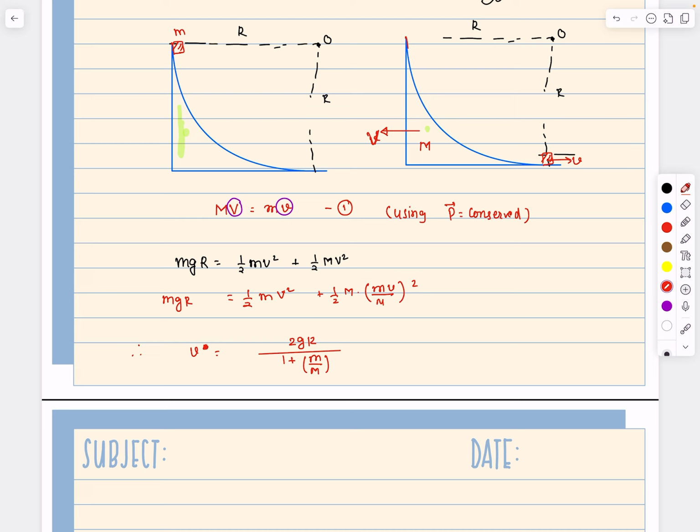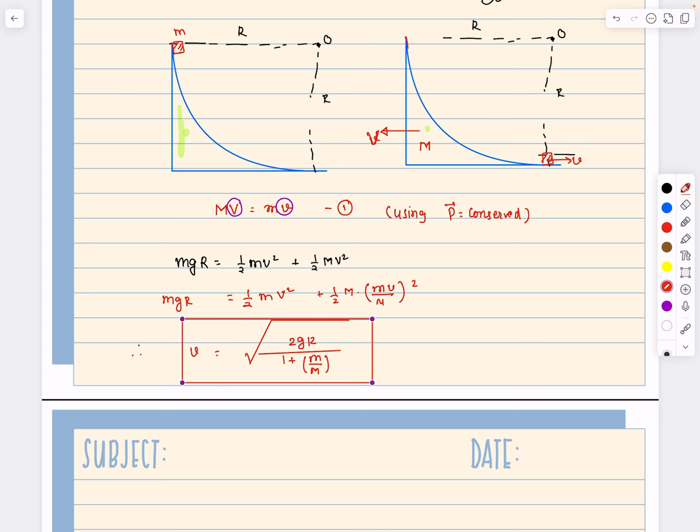If I want to calculate v, it becomes the square root of this. So this is my v.